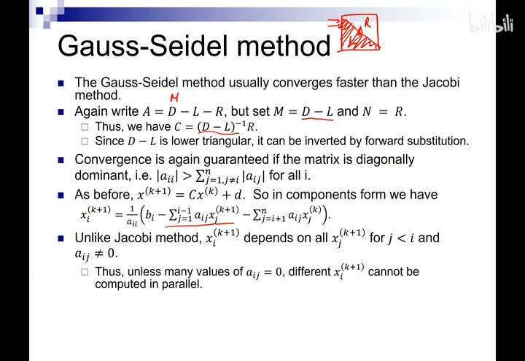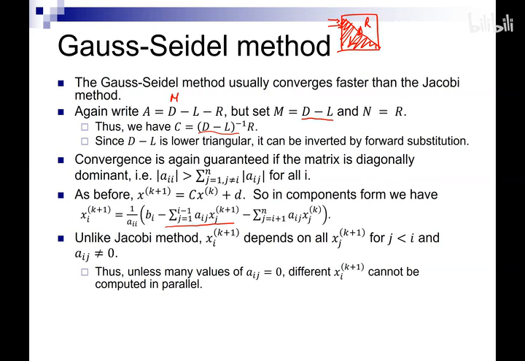Now, the problem with the Gauss-Seidel method. Even though it converges faster, for the Jacobi method we could compute all of these components in parallel, because all of these components only depended on values from the previous x of k. As soon as you're done with x of k, you can compute all of the components of x of k plus 1 in parallel.